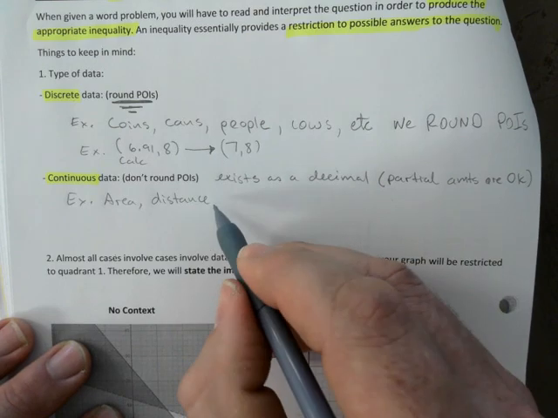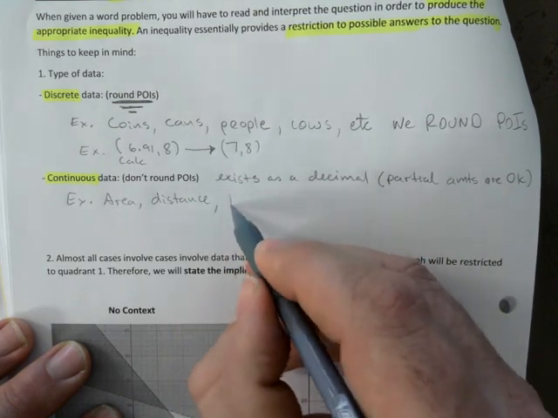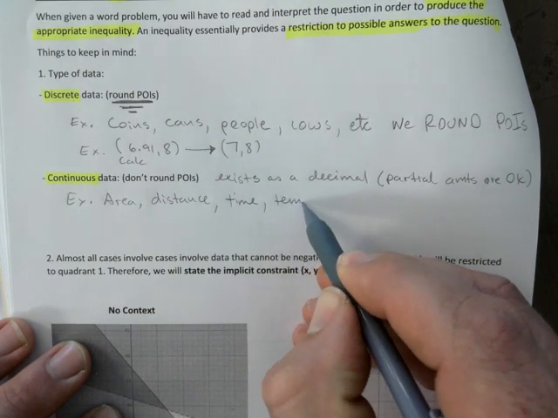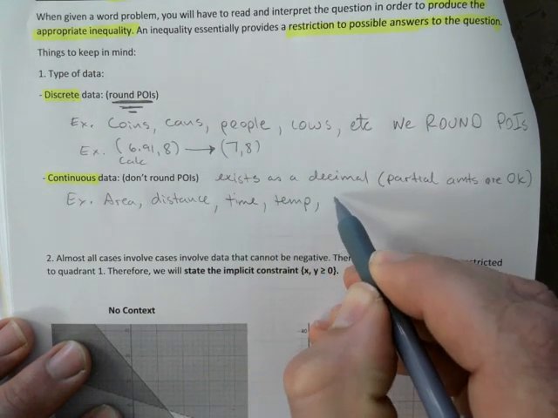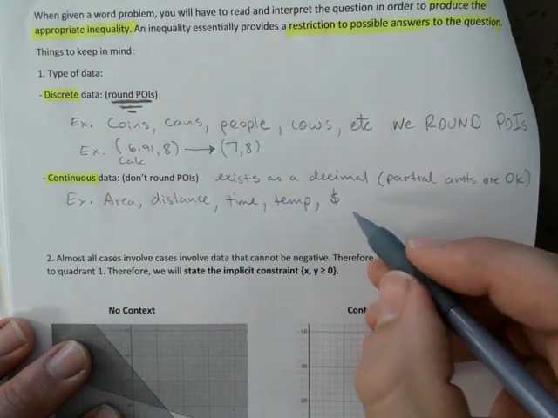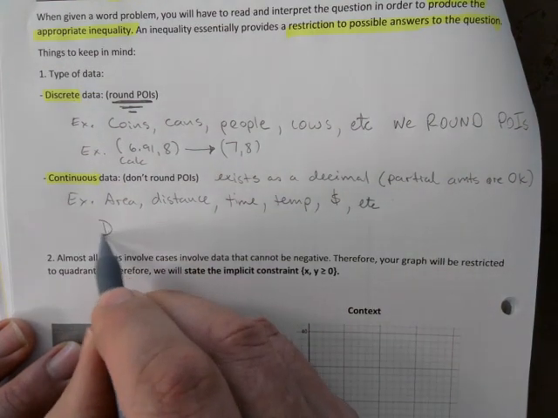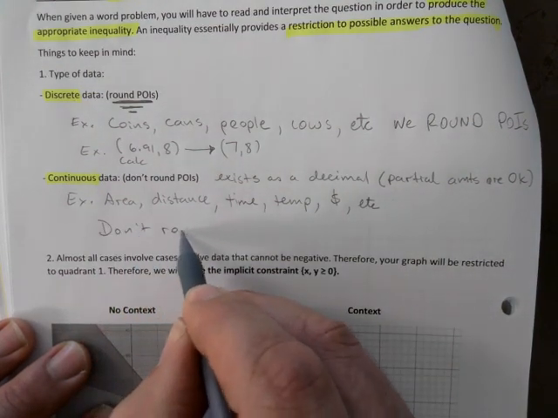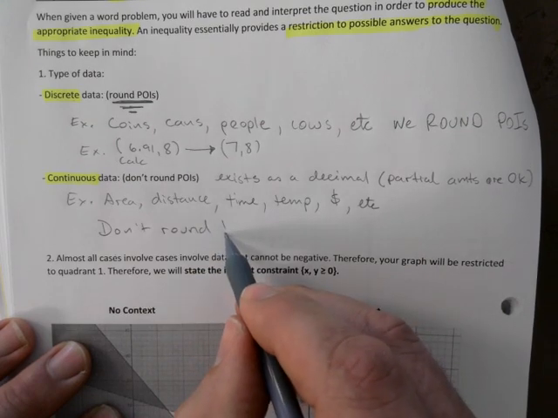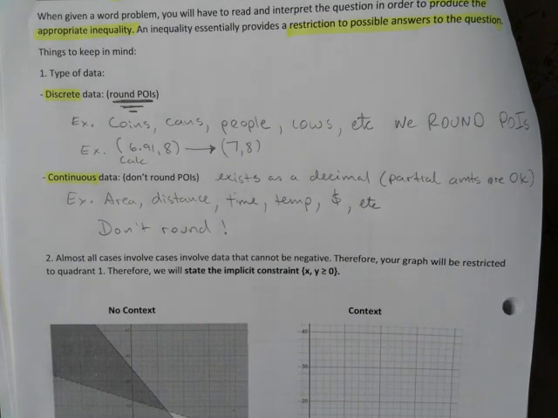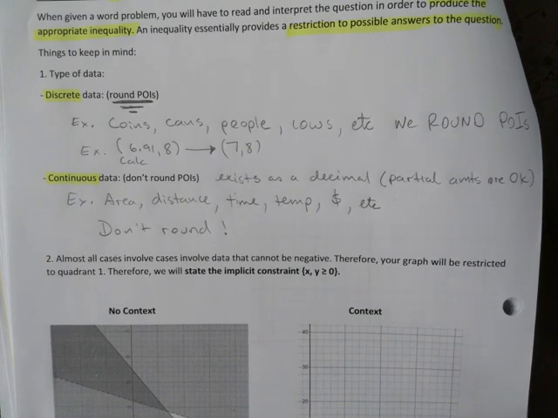I just started, Micah. Distance, time, page 41. Temperature, you name it. Anything with a dollar amount, that's just fine, etc. Don't round. Speed. Anything that can be measured is basically okay. If you can measure something, it can stay as a decimal.